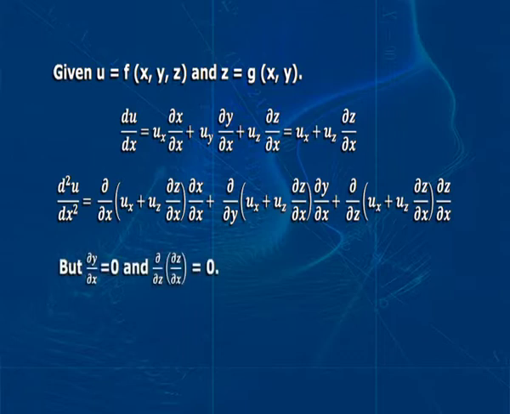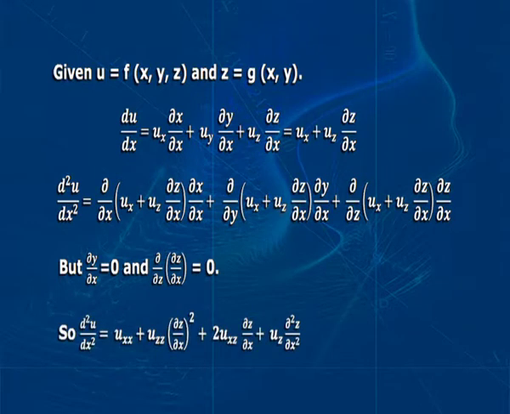But del y over del x is equal to 0 and del z over del x is equal to 0. So, d square u upon dx square is equal to uxx plus uzz into del z over del x whole square plus 2uxz del z over del x plus uz into del square z over del x square.